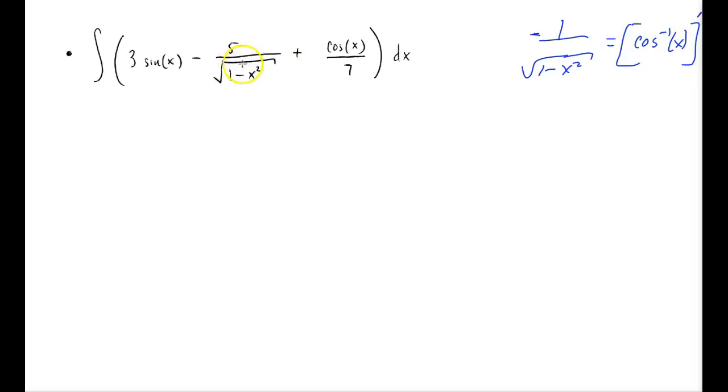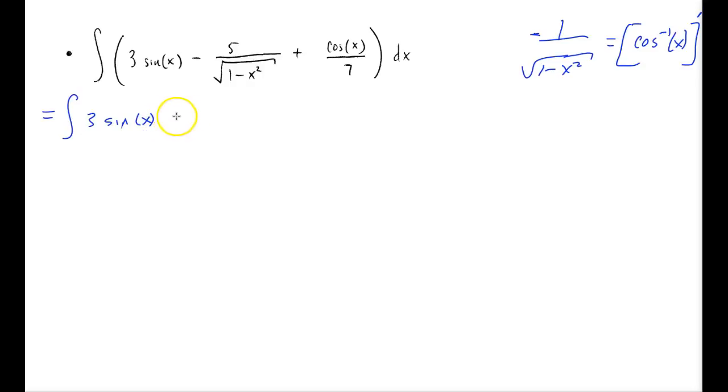So because of that, we could rewrite this as 3 sine of x. Well, let me not do it like that, because I'm trying to break it up as 3 separate integrals. But if I do it that way, then I'm going to have to come up with a lot of constants, and I really don't want to write that. So what we'll do is just write it like this.